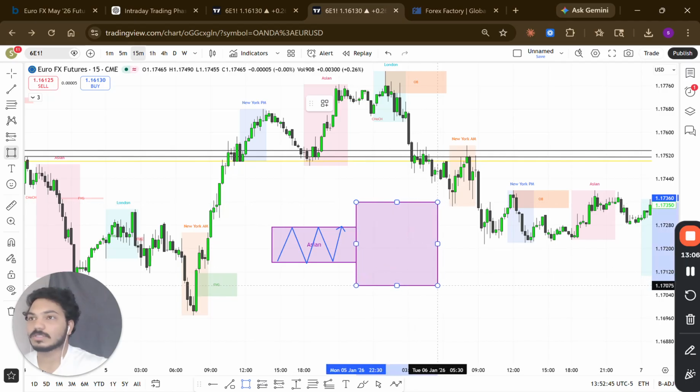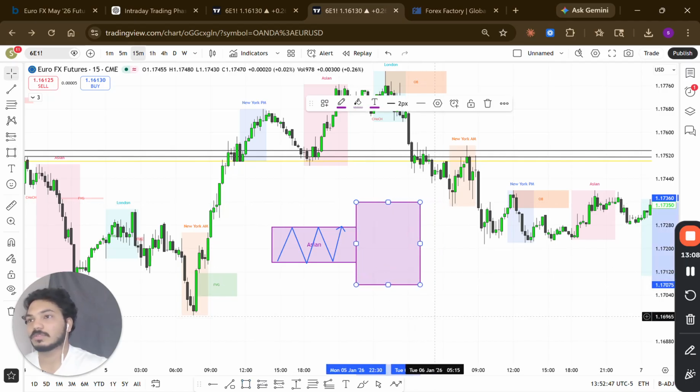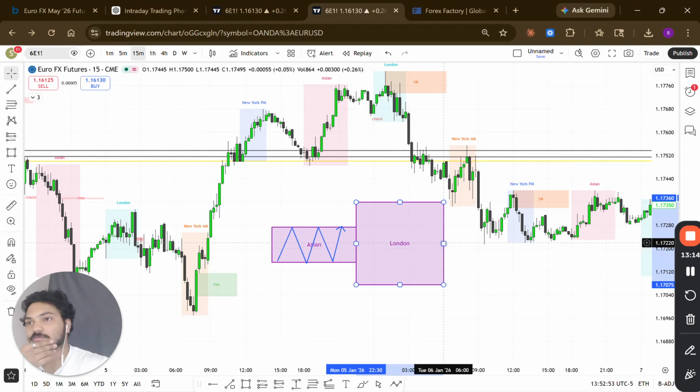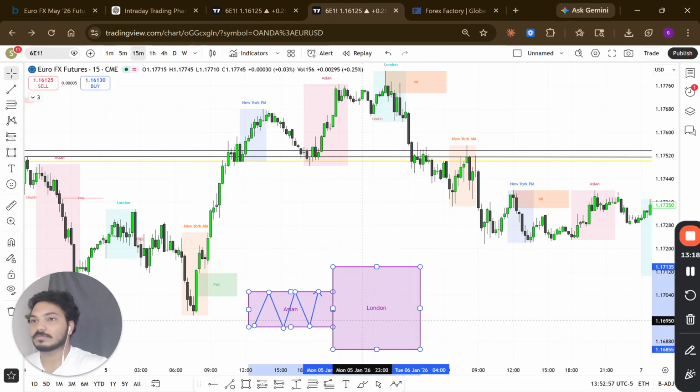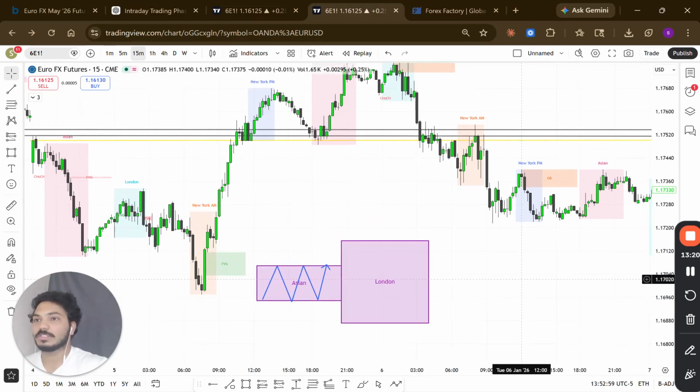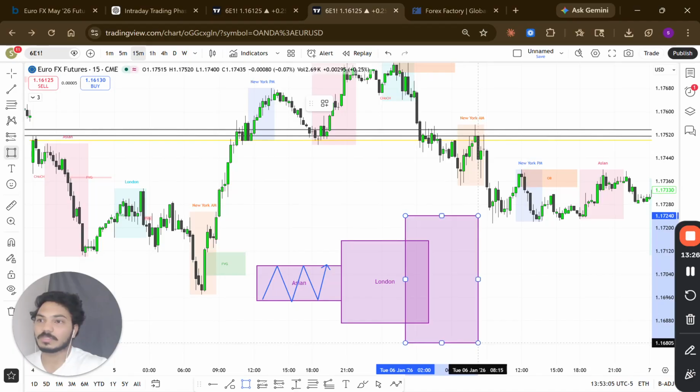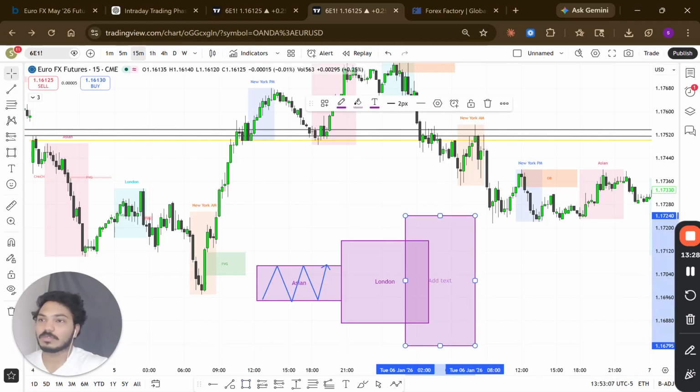Let's say this is London. I'll move it below for our convenience. There is a New York overlap as well, so let me draw New York too.